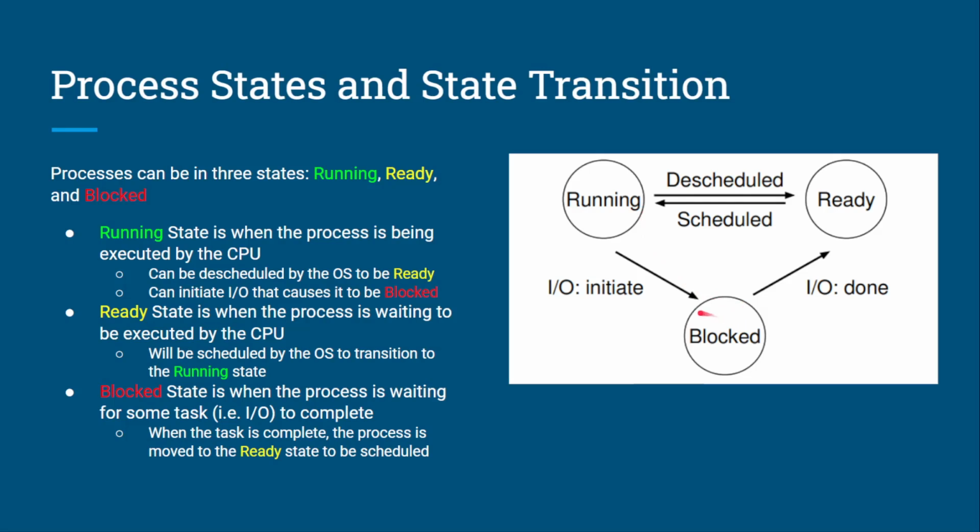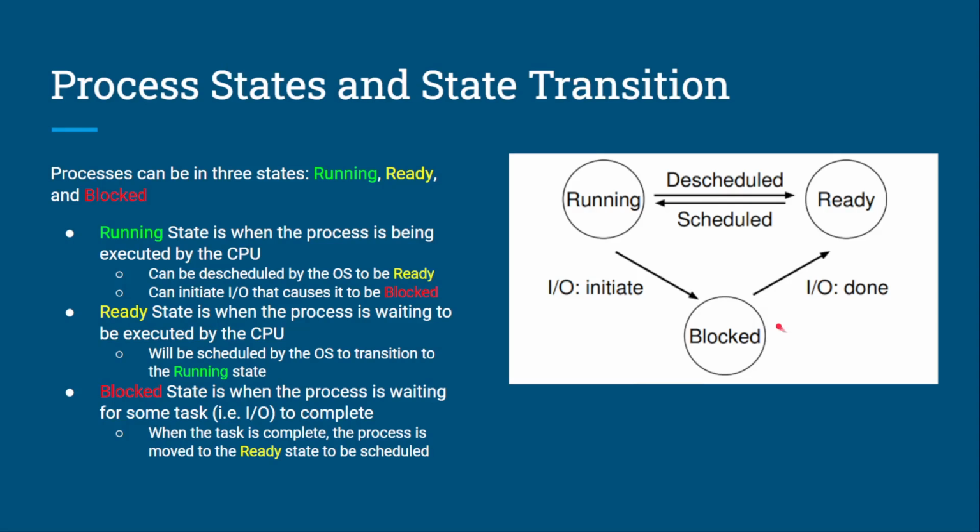The blocked state is where processes end up when they are waiting for some sort of external event to happen. This can include keyboard input. This can include waiting for the console to respond. This can be waiting for a hard drive or a network device.